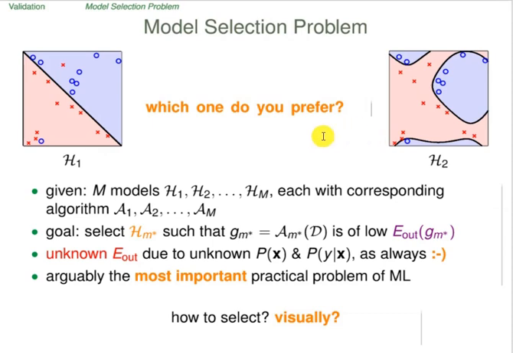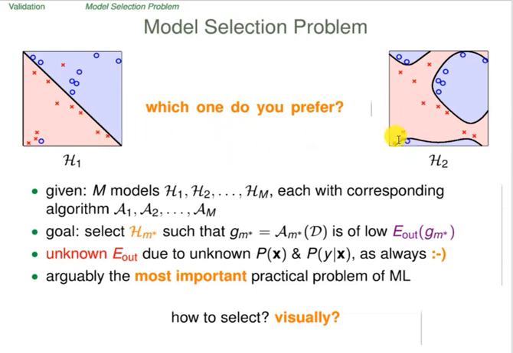We see that on the left, the linear model, H1, cannot separate the blue points from the red points perfectly. So here, the in-sample error is not 0, right? There are 2 points that cannot be separated.